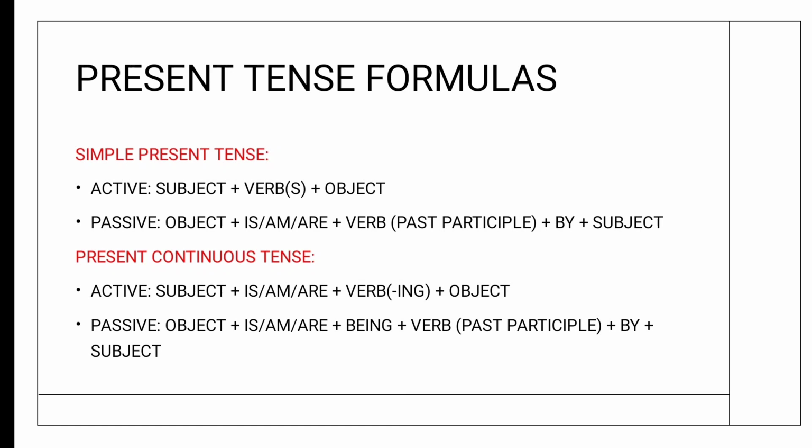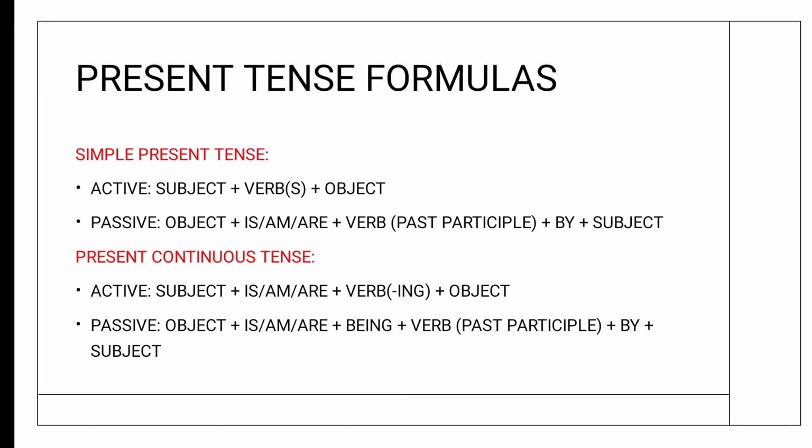My clothes are being, plus the verb washing, V1 plus ing form. V1 will convert into V3 form when we are converting active voice to passive voice. So wash, washed, washed. The V3 form is washed.